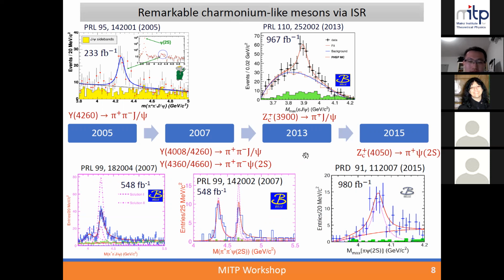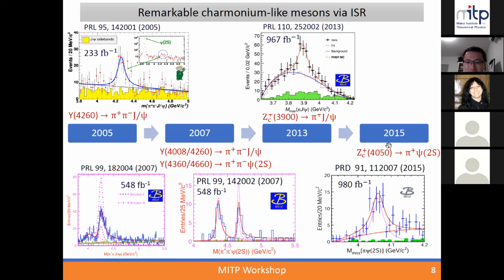Then in 2013, Belle announced the observation of the charged tetraquark candidate, which is called Zc+(3900). It was observed in the pi+ J/psi state in the pi pi J/psi process.